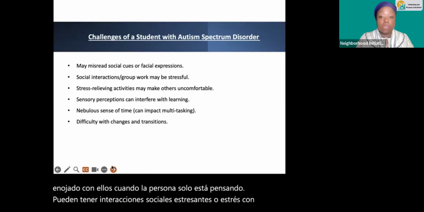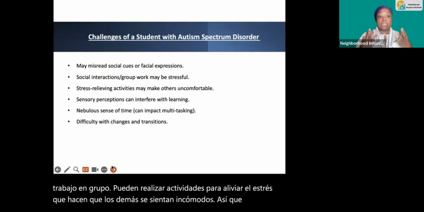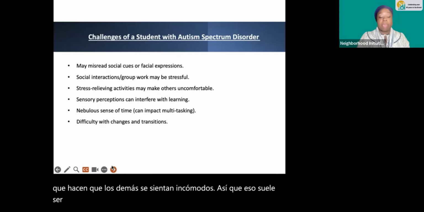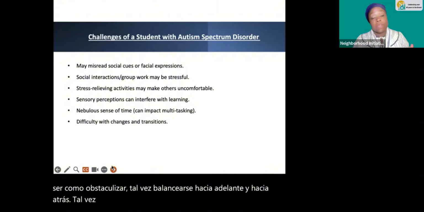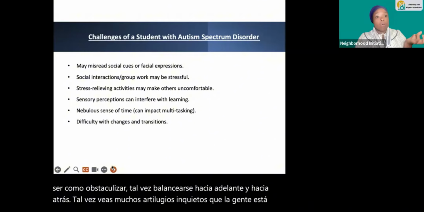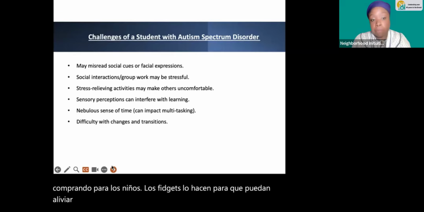They may do stress relieving activities, which make others uncomfortable. So that's usually like stimming, maybe rocking back and forth. Maybe you see a lot of fidget gadgets that people are getting for kids. Fidgets make it so they can kind of do stress relieving repeated activities in a socially acceptable way.